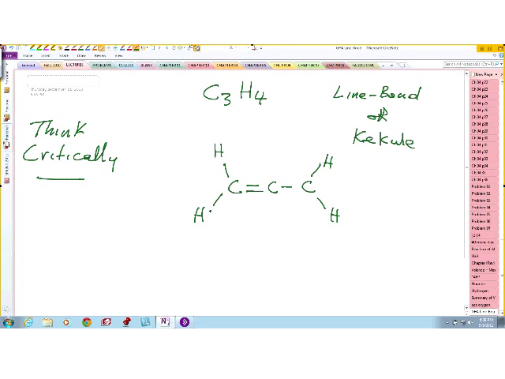That is why we say now you have to begin to think critically. Okay. So is this carbon happy? Valence is obeyed, right? Octet is also obeyed. Okay, very good. Is this carbon happy? No, because the valence is 4, and it also doesn't obey the octet.